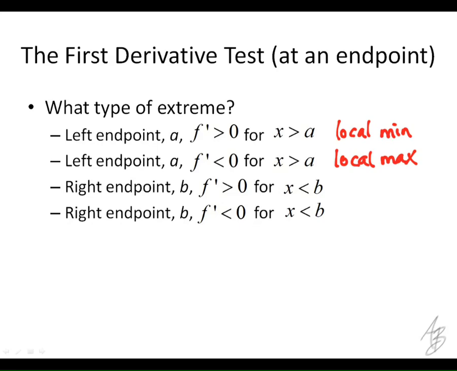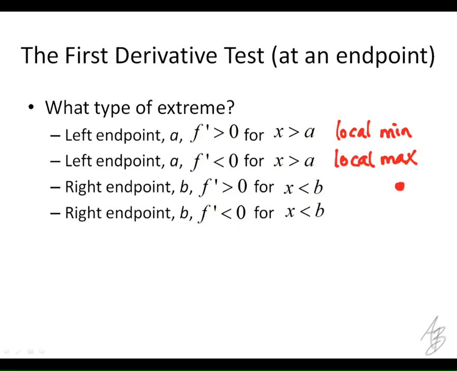So if you had to justify that an endpoint is a local maximum, you would want to say that the derivative is negative to the right of a, to the right of that endpoint. And you wouldn't use a, you would use whatever that left endpoint is, maybe 3 or -1 or whatever it is.